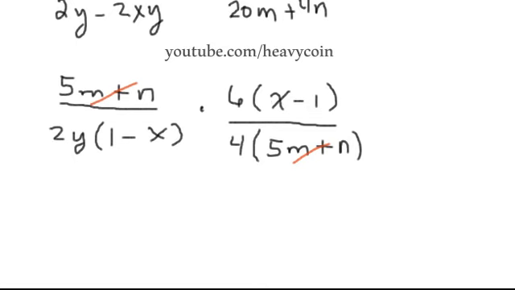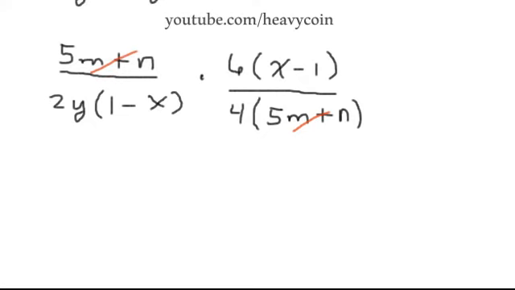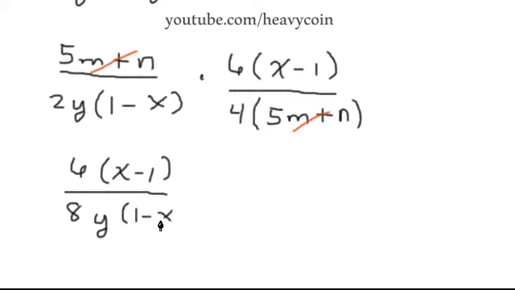So I think what I'm going to do here is rewrite some stuff that we've got actually. I'm just going to rewrite this. 6x minus 1 over, we have 2 times 4 is 8, y, and then we have a 1 minus x.